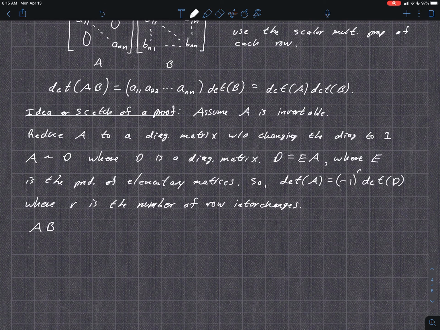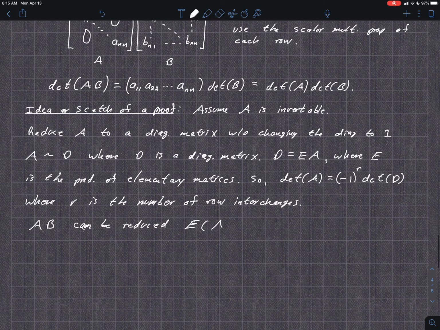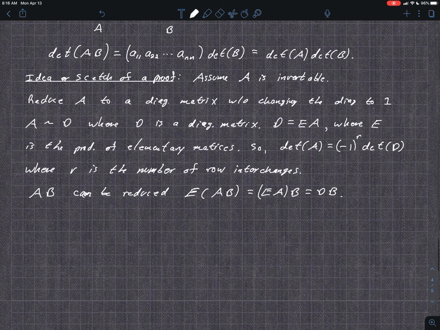So AB can be reduced like this. It's E times AB. By the associative property, you get EA times B, and EA is the matrix D, times B, as we wrote above.